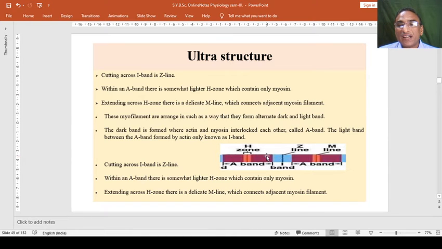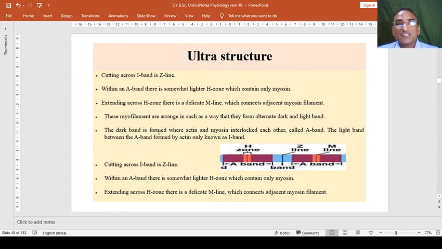This is the A band, and within that A band there is a somewhat lighter zone, called the H zone, and in the H zone there is also a central line, generally called the M line. Extending across the H zone there is a very delicate and thin M line, which connects adjacent myosin filaments. These lines play a role in connecting the filaments.